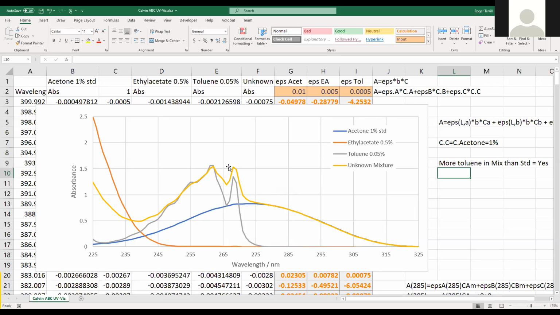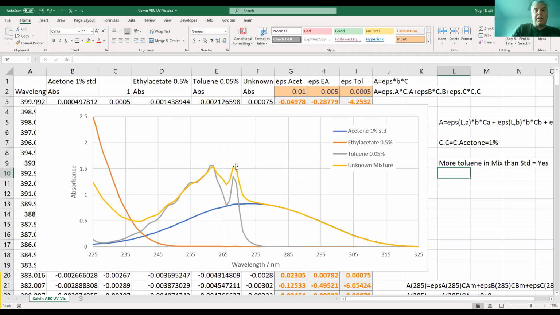So how much of this 1.53 is due to acetone? How much of that is contributed by acetone? This is a darkness measurement, right?